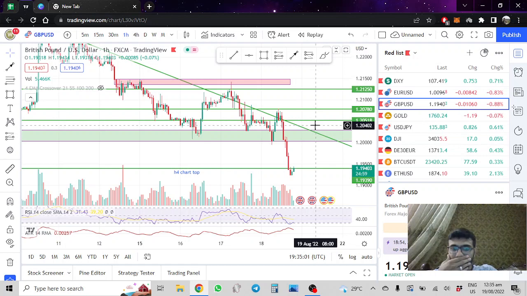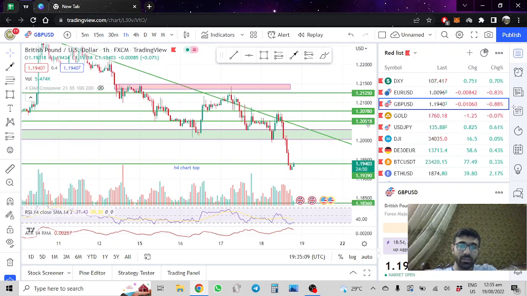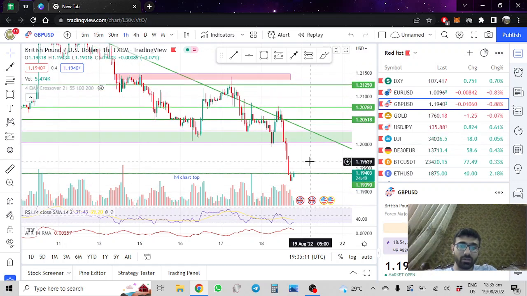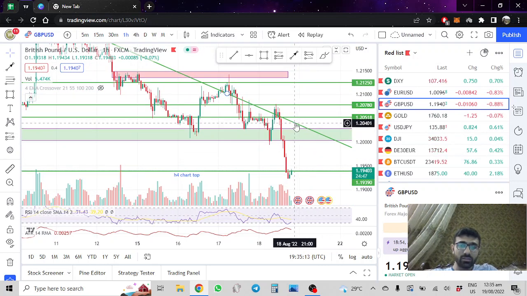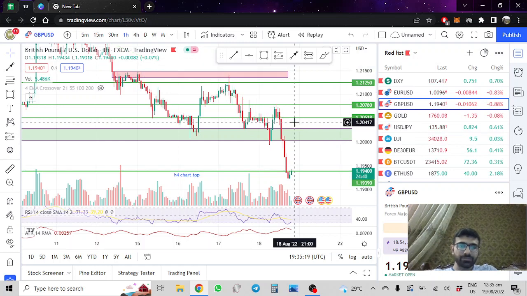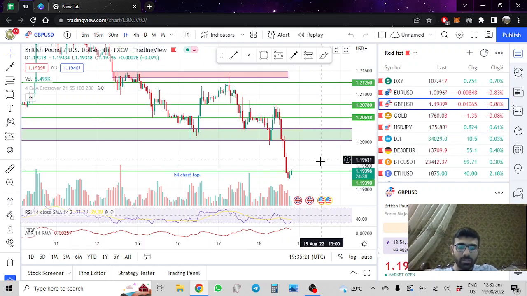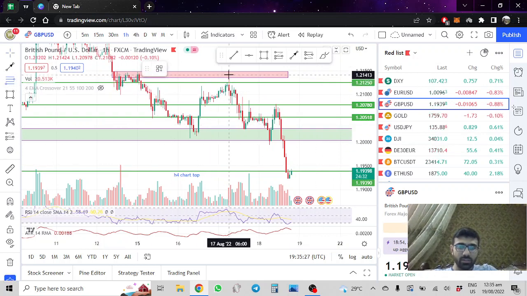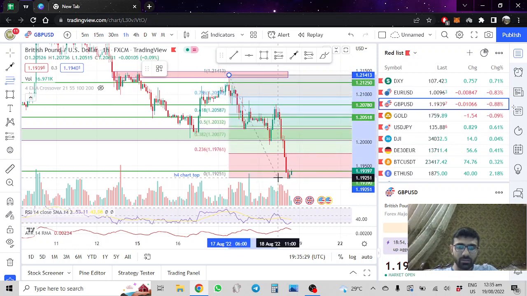Now what we are looking at is that GBP has fallen significantly, and it could now retrace a little bit. Since this trend line has not really been respected, I'm going to remove it and make a new scenario. First of all, I'm going to make a fib retracement from this recent high to this recent low.